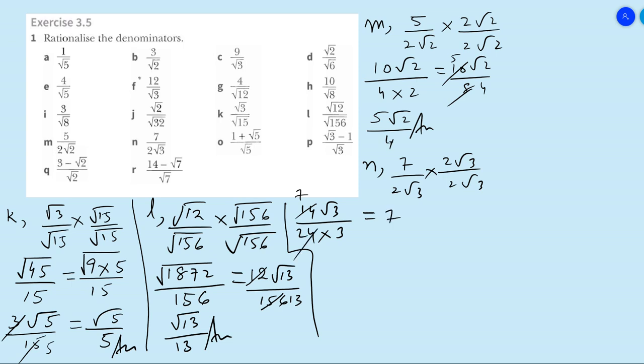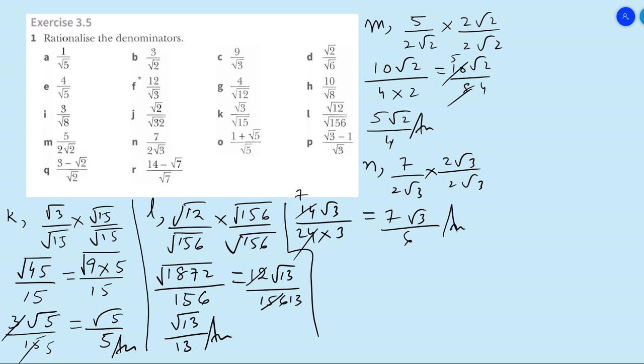So the answer is 7 root 3 upon, kindly wait, 2 2s are 4. Yes, 2 3s are 6. This is the answer of part N, 7 root 3 upon 6.